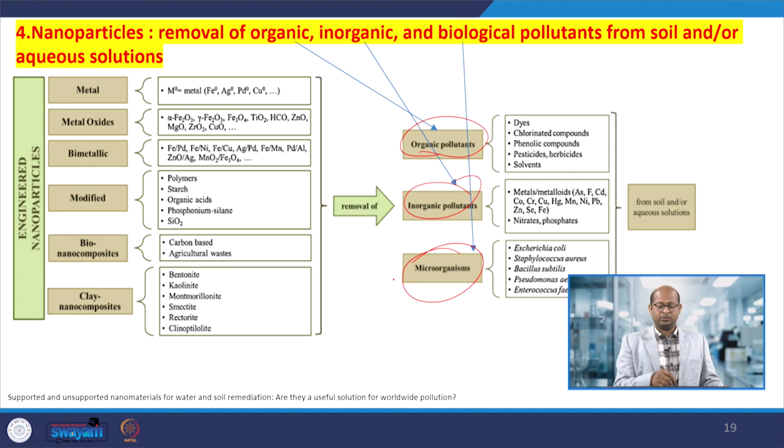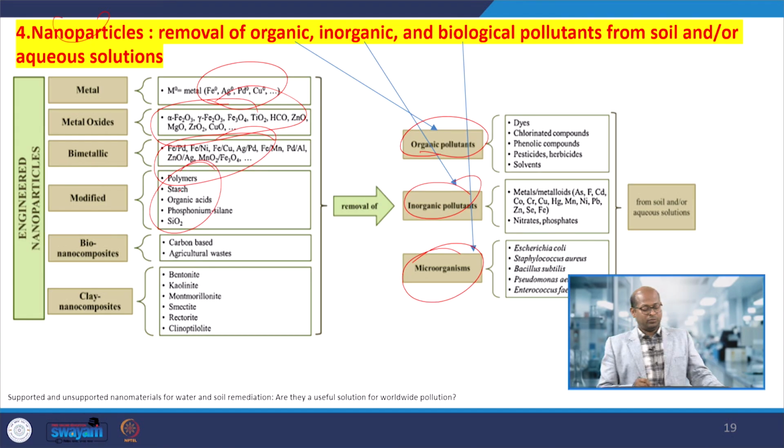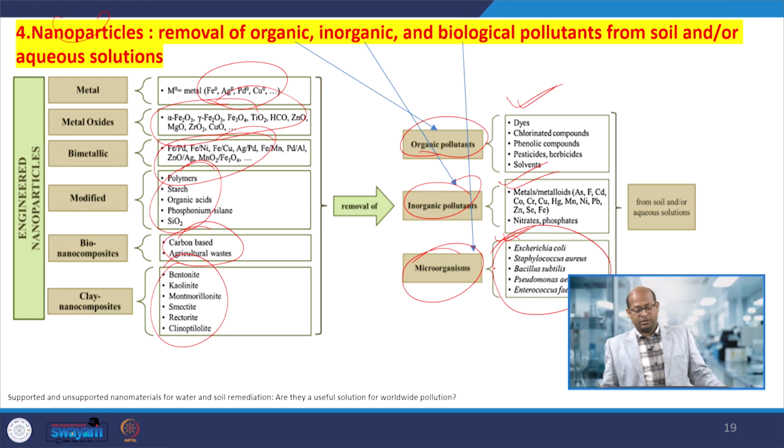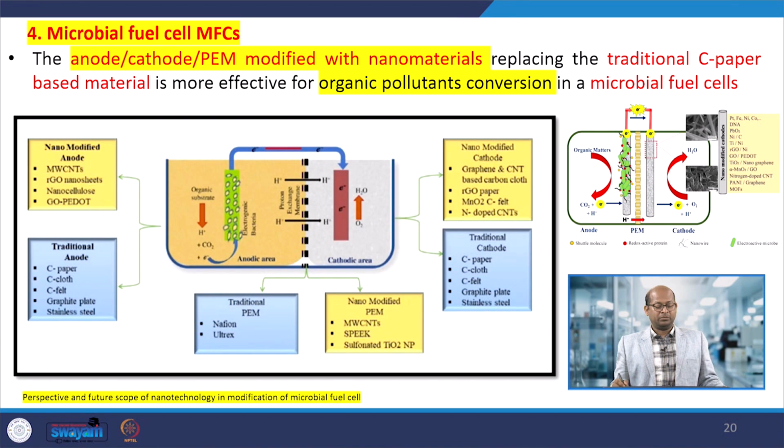So we can use different types of nanoparticles, metal oxides, bimetallic, modified or biocomposite or clay type nanocomposites for specific applications, dye degradation or metal separations, or to kill bacteria or microorganisms. So we can use specific nanomaterials depending on applications.